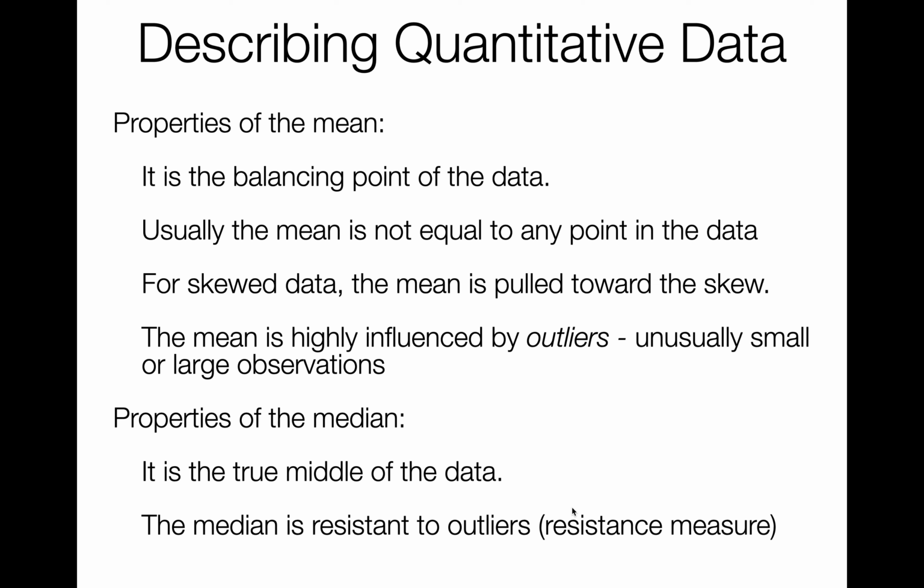So where might you see this in the real world? Oftentimes in the census or in other places, when they talk about home values, they usually don't talk about the mean home value. They usually talk about the median home value.